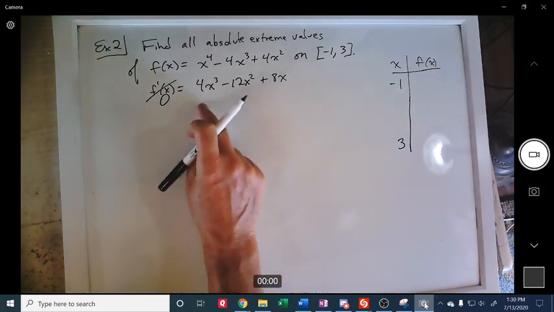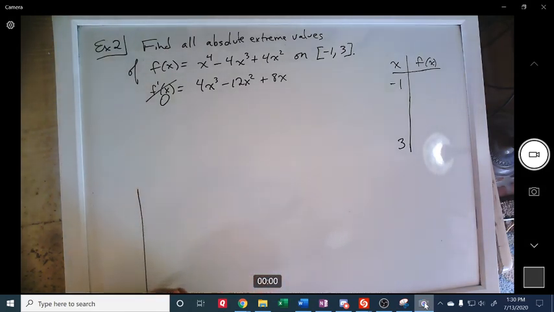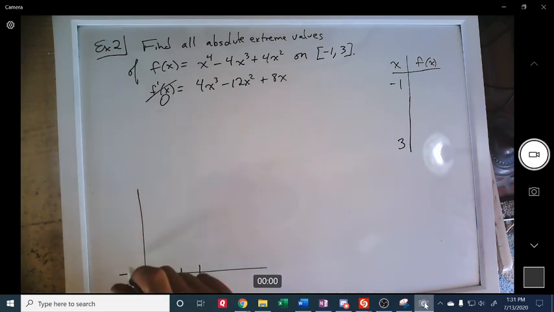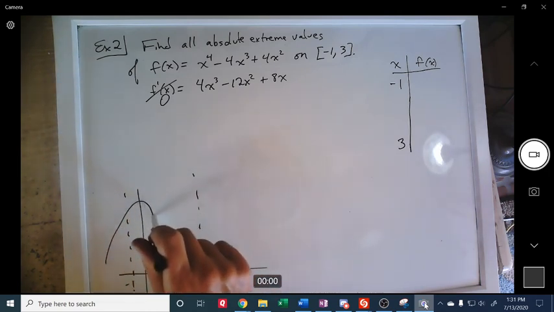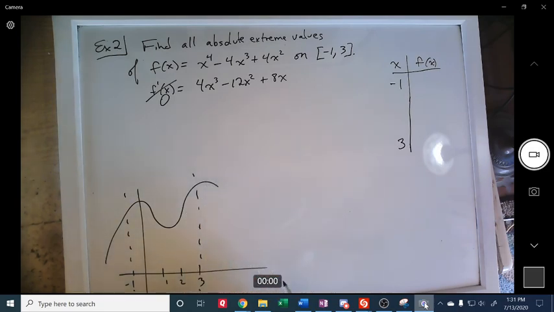When I set the derivative equal to 0, what that's doing is, between -1 and 3, I don't know what this function is doing. I'm only interested in it in between these intervals. But suppose it's doing all kinds of crazy stuff in there.